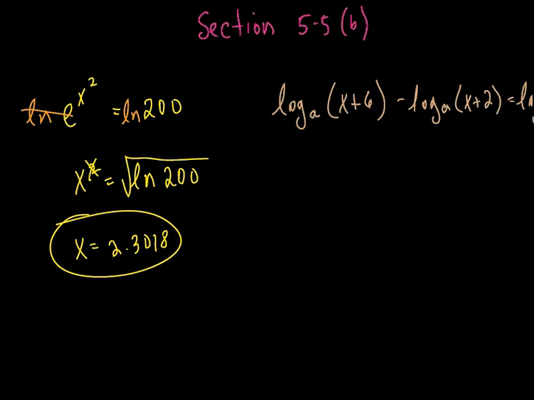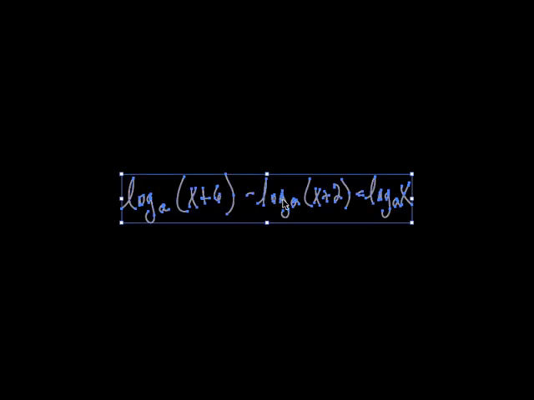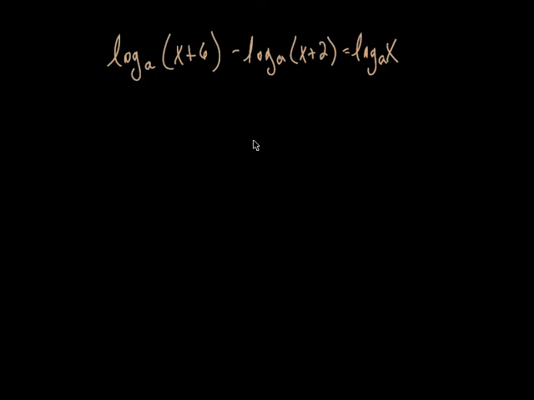And I'm getting off my screen here. Let me scooch it over. Actually, let me just start with a new slate here. Alright, there we go. Again, I'm not really going to ask you what to do just because of the time frame here. So look at this minus right here. You've got a log of this minus a log of this.